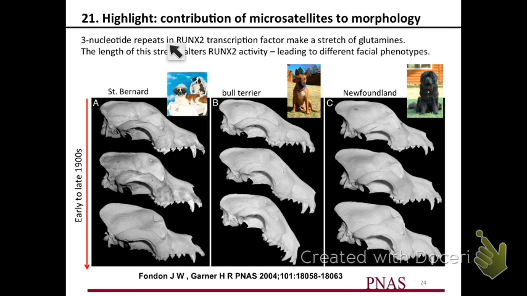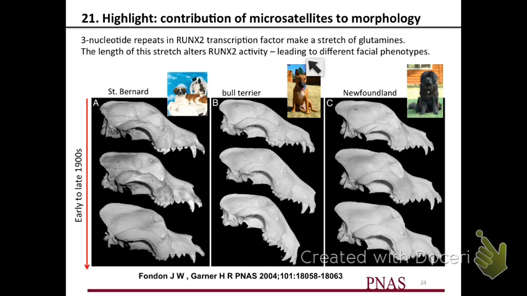It contains 3-nucleotide repeats, and this repeat encodes for glutamine. So this protein has a stretch of glutamine, and the length of that stretch alters its activity. The RUNX2 activity is required for determining the shape of the face. Okay? So it changes how that face has the downward kind of shape.